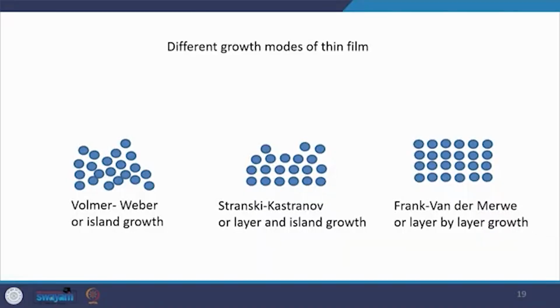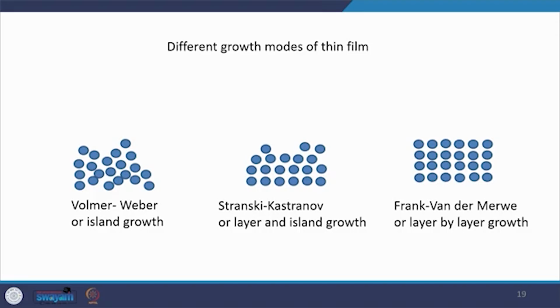So, these are the three kinds of thin film growth. One can see that in the Volmer-Weber growth you can have island type growth, where all the atoms are randomly oriented. In the Stranski-Krastanov growth it is layer and island growth.